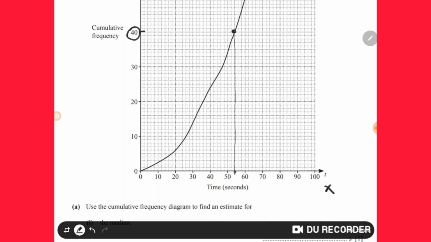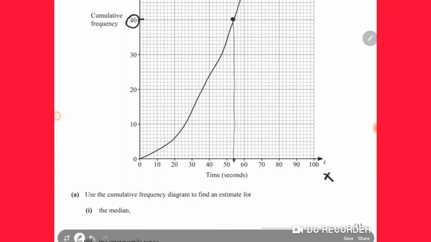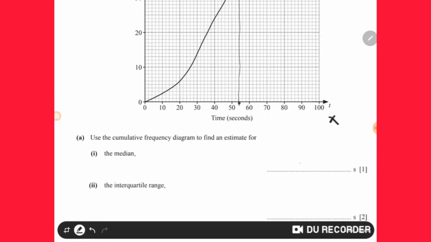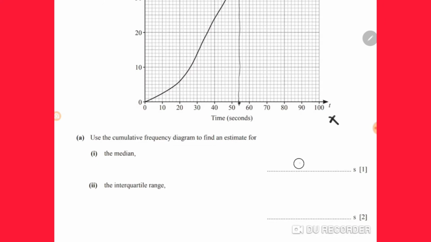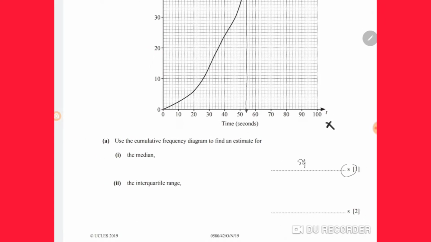One box represents 2. So between 52 and 54, the median is 54 seconds. You got it?